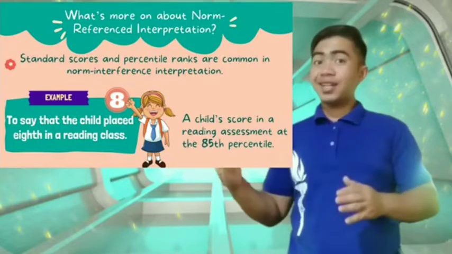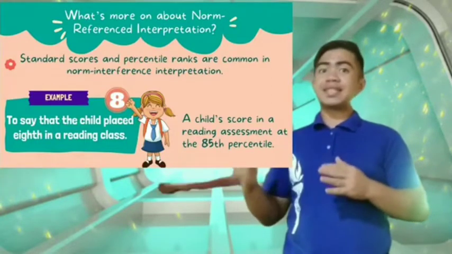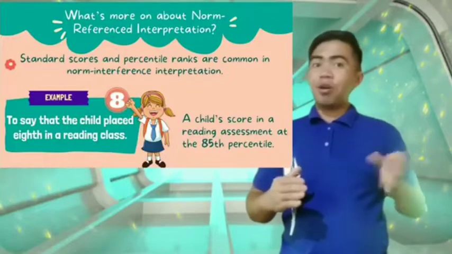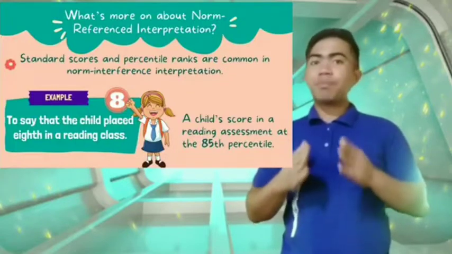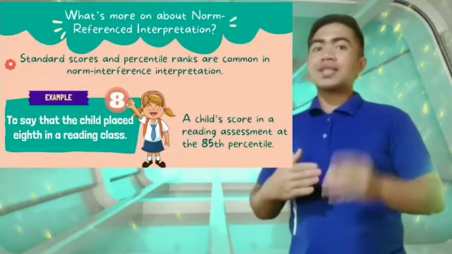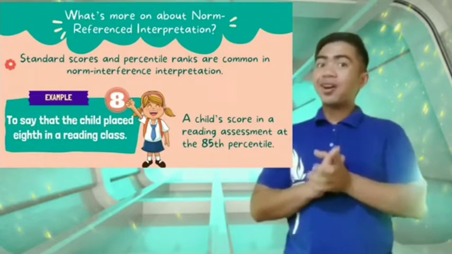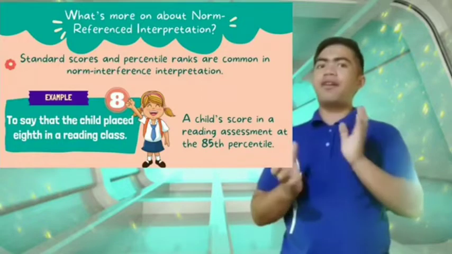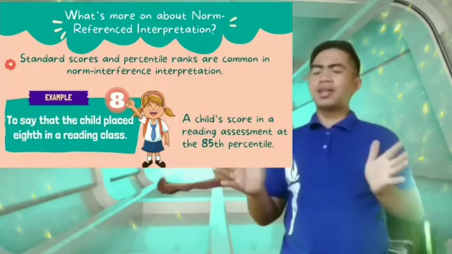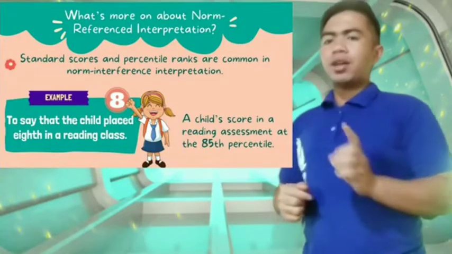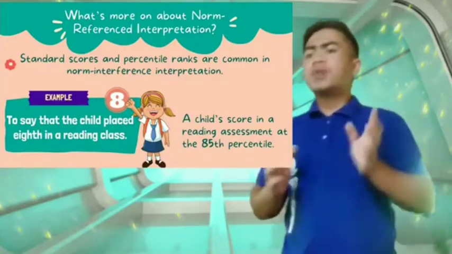So maybe there's 1st, 2nd, 3rd, 4th, 5th, 6th, 7th, 9th, 10th and so on in that particular group of reference, and that child is in the 8th place. Then we are ranking the performance of the child. Another is the child's score in a reading assessment at the 85th percentile.